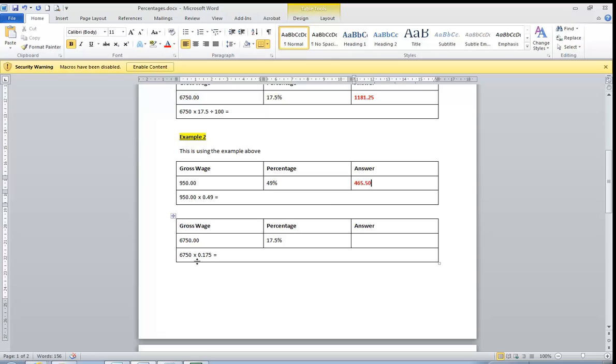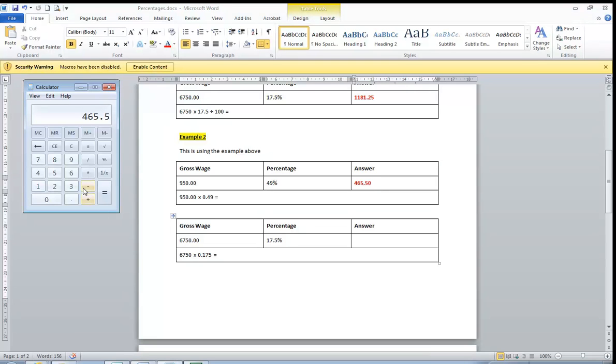In this example, we use the same principle above, except this time the percentage is 17.5%. So if we use our calculator again, we put 6,750. We're going to times or multiply that by, remembering that we moved this decimal point 2 places to the left, so it becomes just before the 1, so it becomes 0.175.